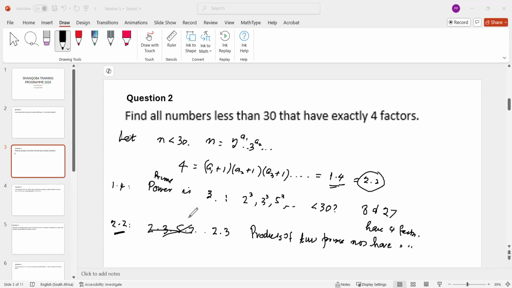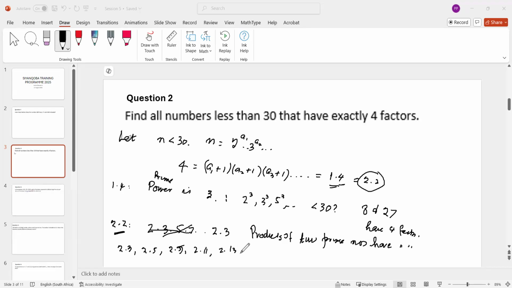Four factors, right? So you can start with 2 times 3, but it can only go up to 30. So it's 2 times 3, 2 times 5. It must be prime numbers. 2 times 7, 2 times 11, 2 times 13.